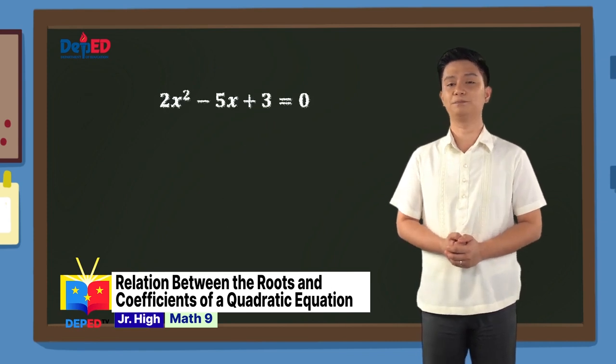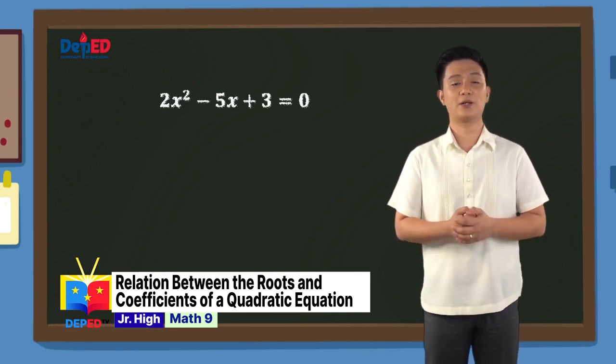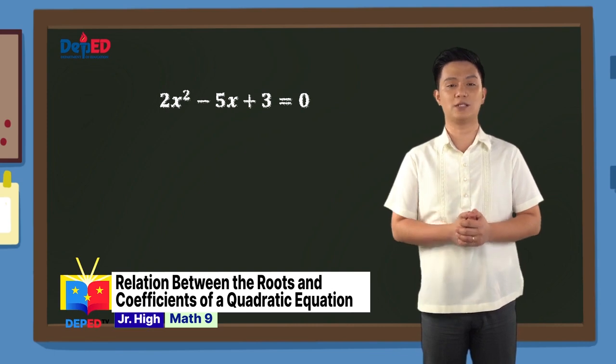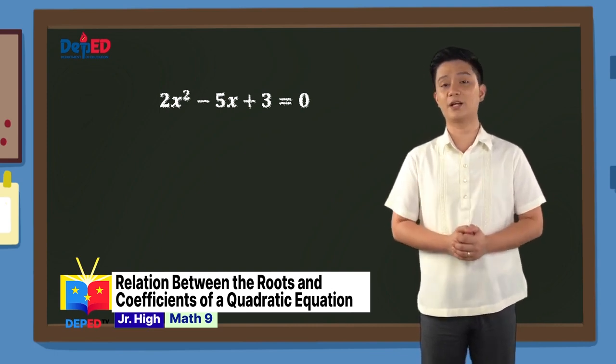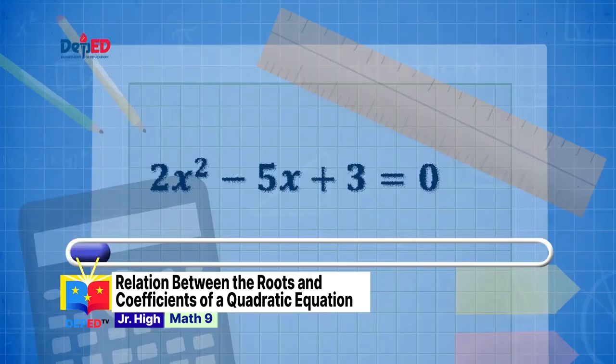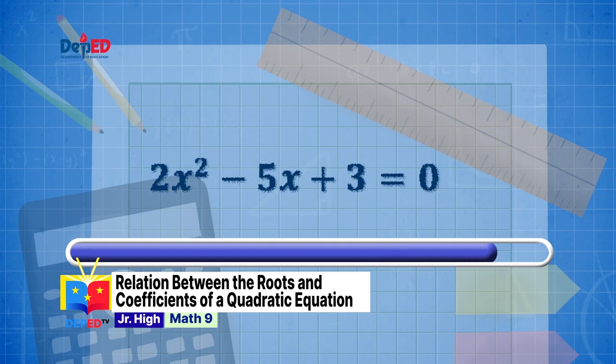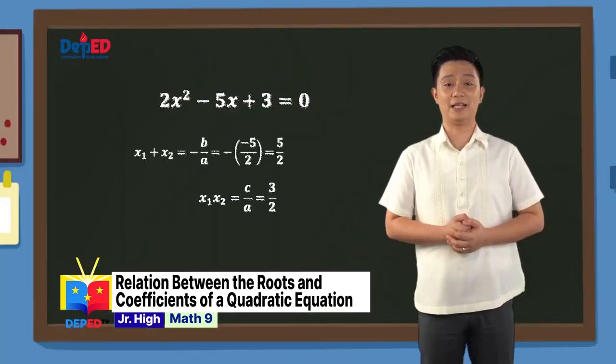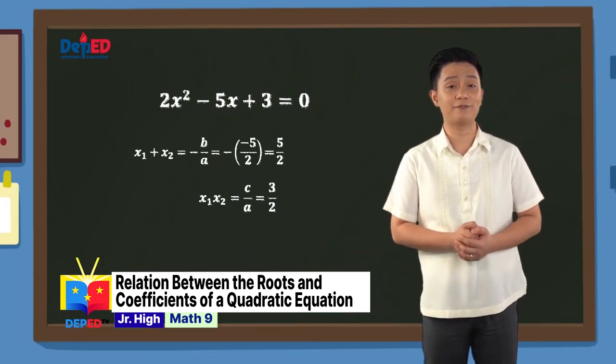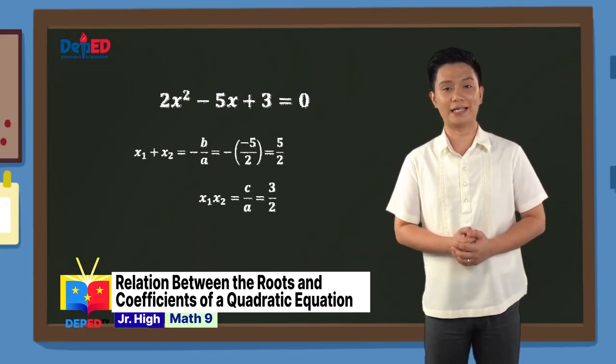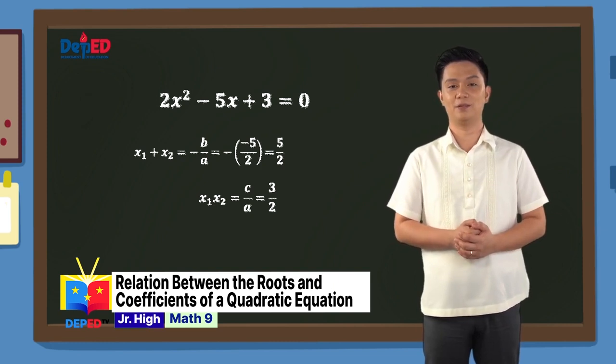Equation number 4. 2x squared minus 5x plus 3 equals 0. For another 15 seconds, go! And time is up. The sum is 5 over 2, while the product is 3 over 2.